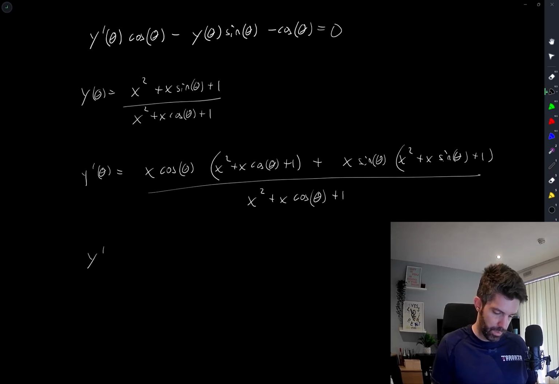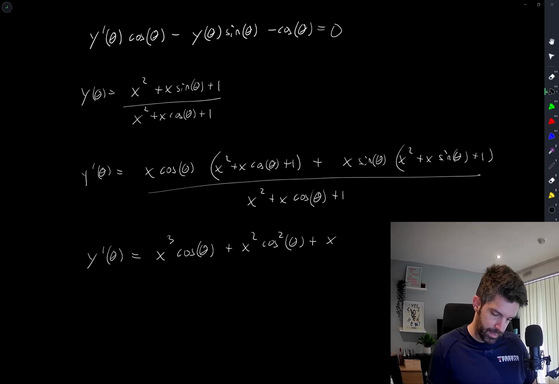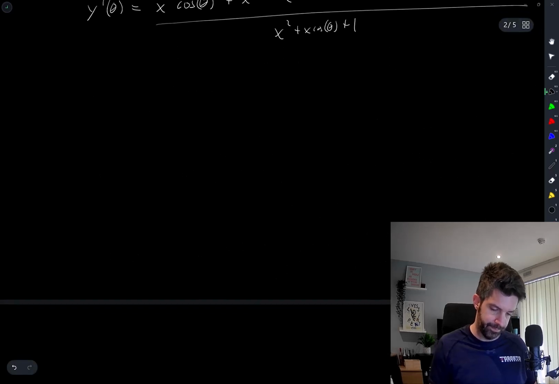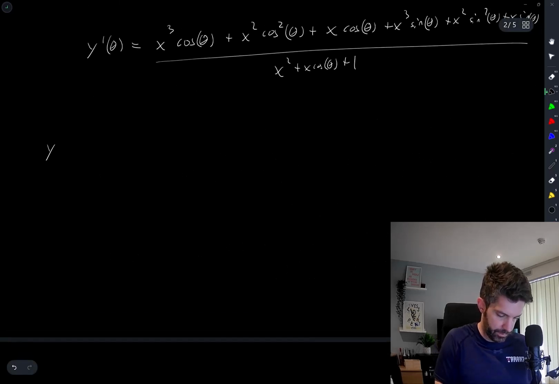Let's expand this. Y prime of theta is equal to x cubed cosine theta plus x squared cosine squared theta plus x cosine theta plus x cubed sine theta plus x squared sine squared theta plus x sine theta. Okay. And we have some simplification here for sure.